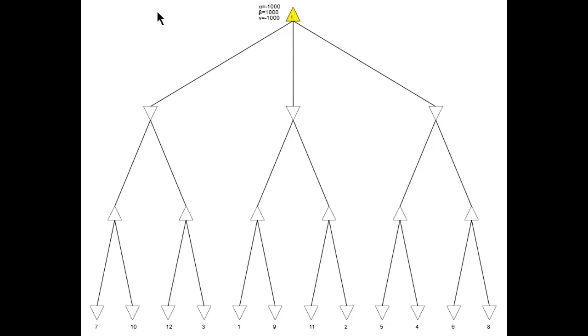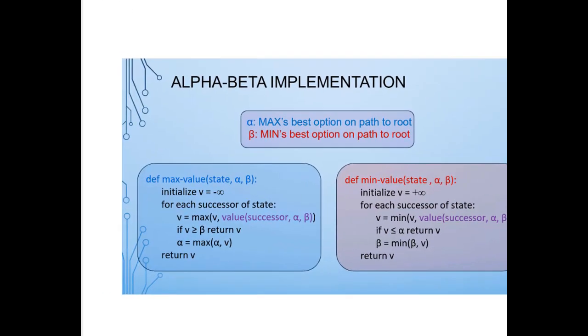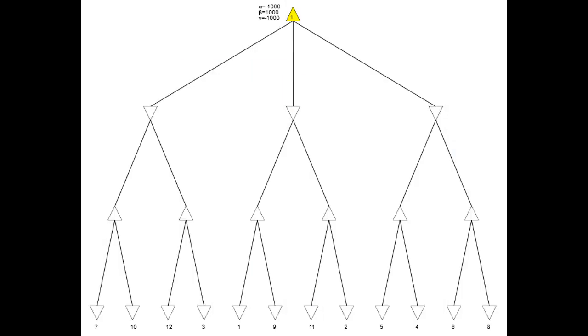So I'm going to do this relatively quickly because you, of course, have a copy of this algorithm and you can look at it and see what's going on and take a look at each of the mins and maxes as we go. I'm just going to step through this and not say a whole lot, except remember that these numbers in here are just the order that I'm visiting the nodes, just so that we can keep track. So for example, this is the 6th node we visited, but the 6 doesn't have anything to do with anything. It is, however, a terminal node.